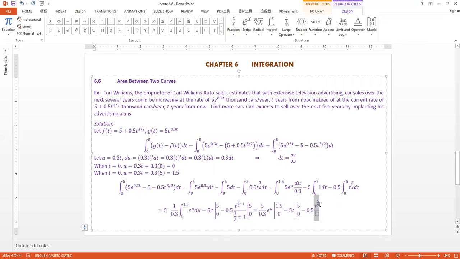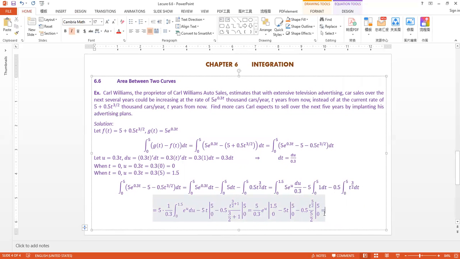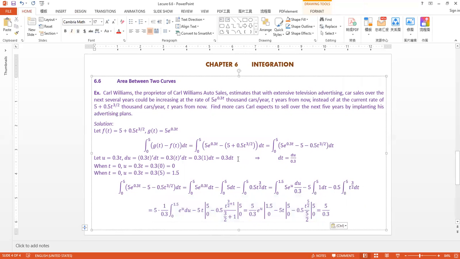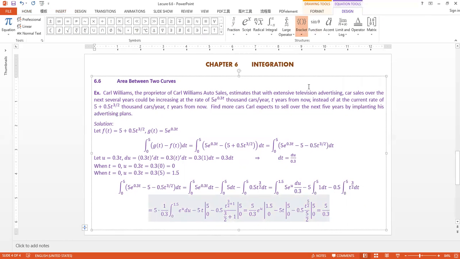And also the denominator should be 5/2, and also evaluate it at 5 and 0 and subtract. Okay, so let's just do this lengthy thing, step by step. So we got 5 over 0.3 first term, and multiply e to the 1.5 minus e to the 0.